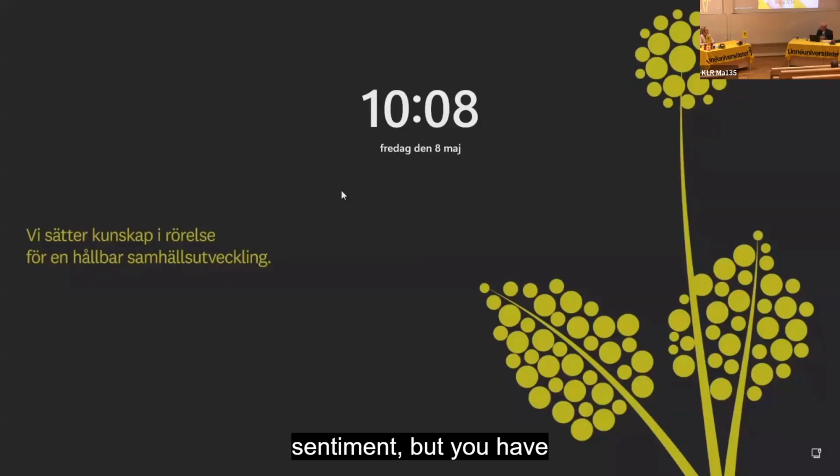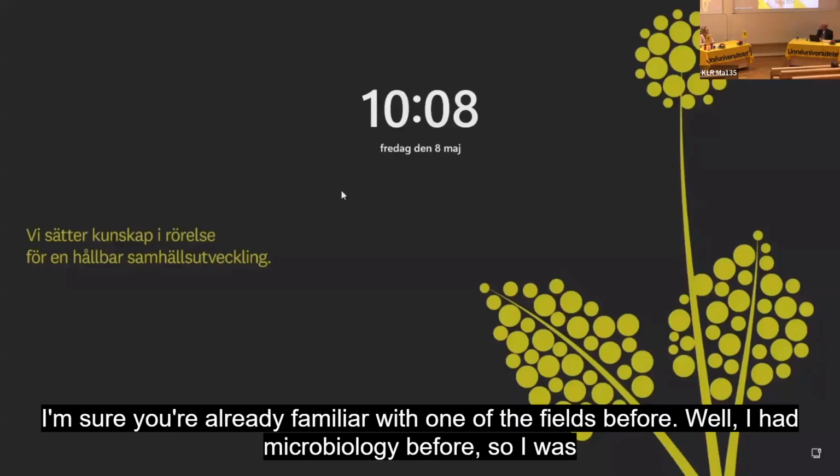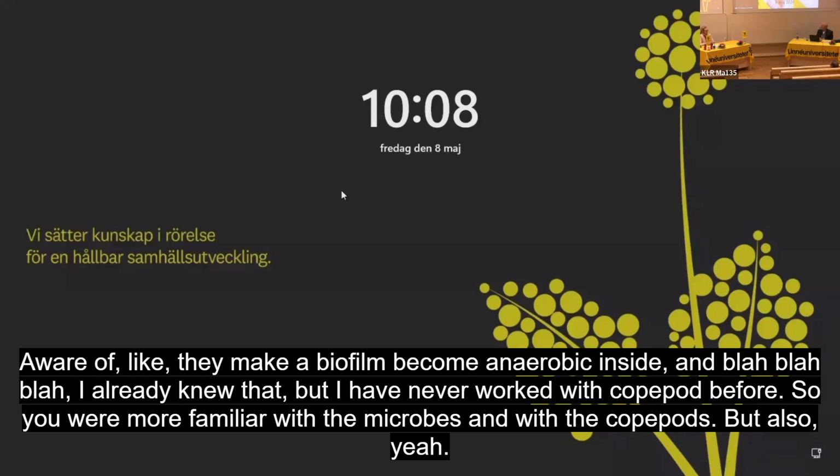But were you already familiar with one of the fields before? Well, I had microbiology before, so I was aware that they make a biofilm, become anaerobic inside, and so on. I already knew that, but I have never worked with copepods before. So you were more familiar with the microbes than with the copepods.